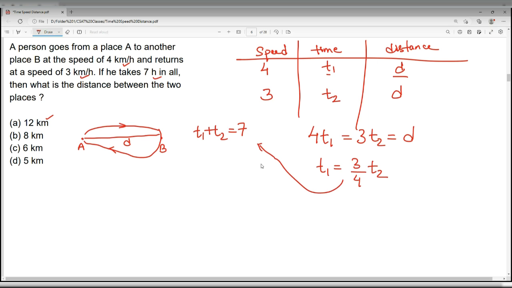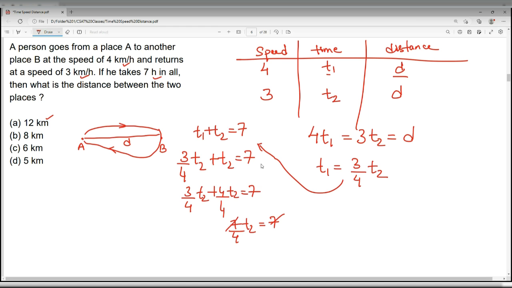So we have 3 by 4 t2 plus t2 is equal to 7. This can be written also as 3 by 4 t2 plus 4 by 4 t2 is equal to 7. And then this is 7 by 4 t2 is equal to 7.